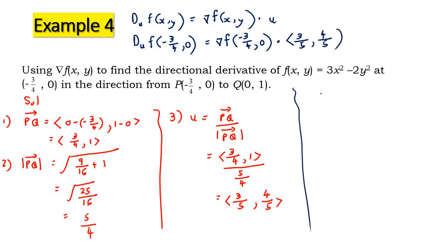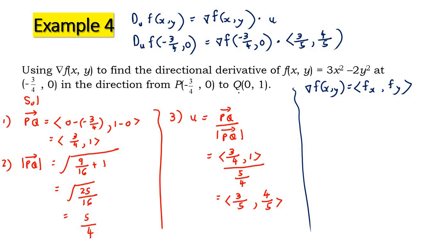The gradient vector is a vector: fx i plus fy j. This question is given PQ, so you have to find vector PQ by taking the ending point and deducting the starting point.